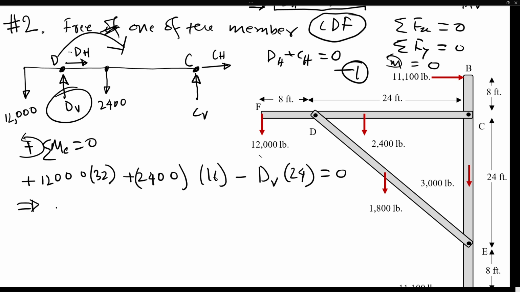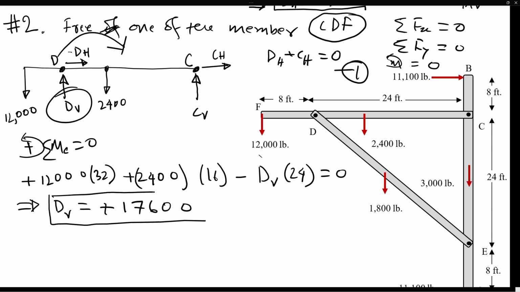So if you solve for DV, I found that plus 17,600. So this is the vertical reaction at point D.